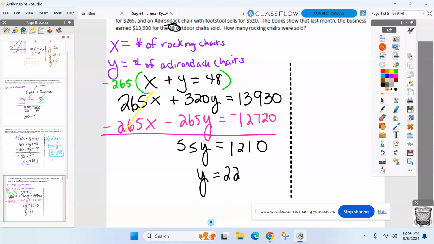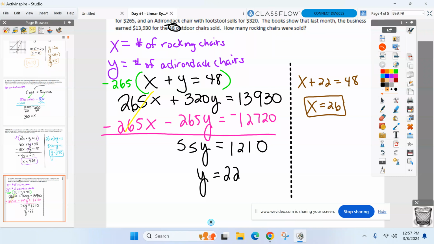Which one are you probably going to plug it back into? The x plus y one, right? So x plus 22 equals 48. So they ended up selling 26 rocking chairs. Check if you're unsure.